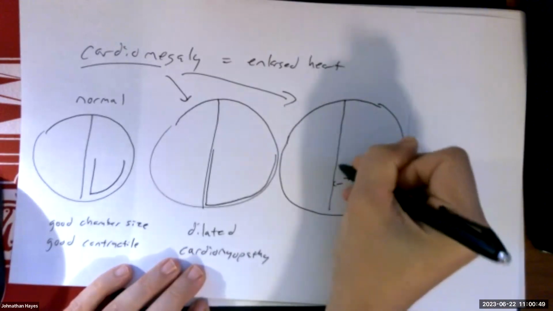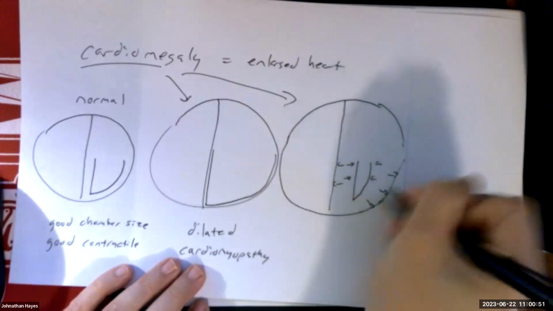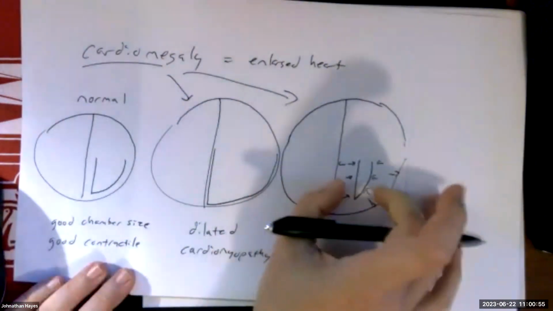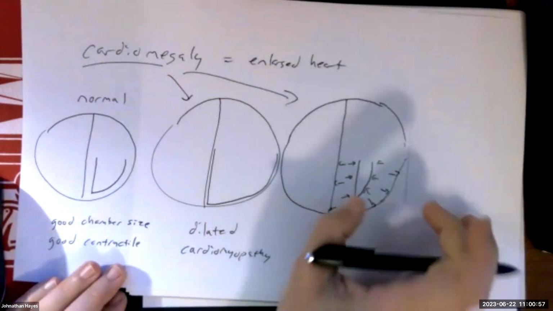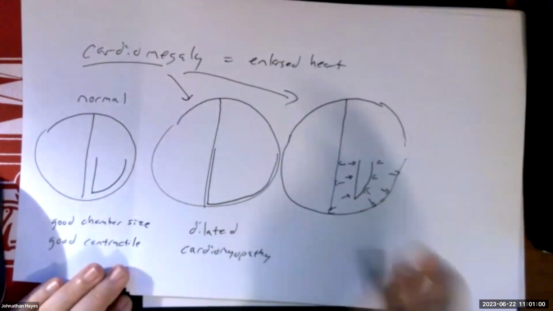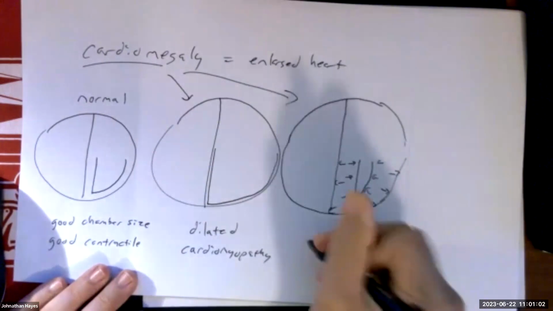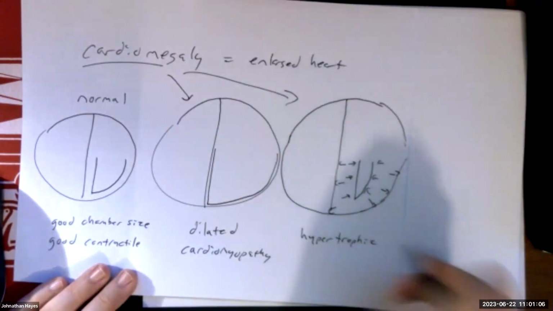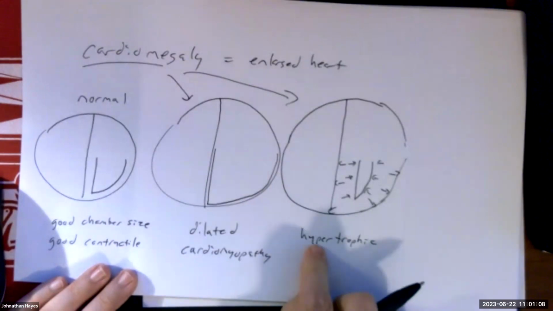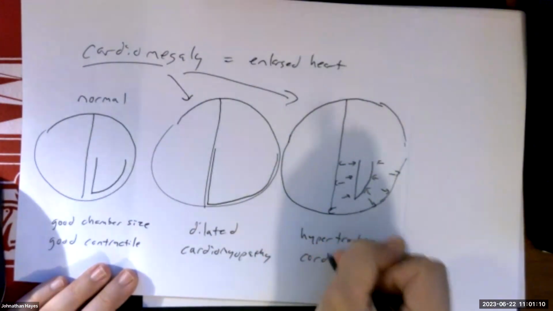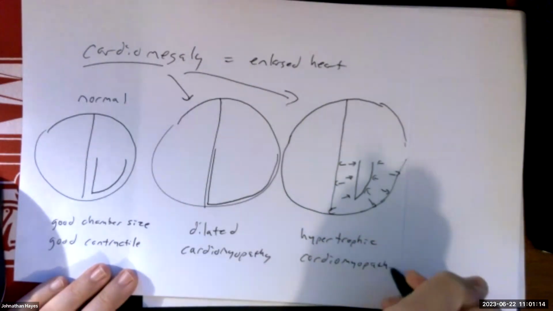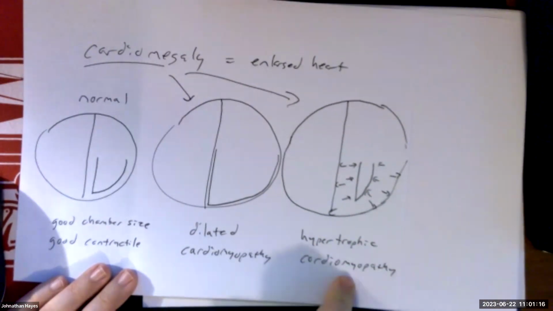Not only is it thickening outward, it's thickening inward, right? So the heart's enlarged, but this wall itself has become too thick, too overly muscular, right? So this is called hypertrophic. It has grown too big. Heart muscle disease, cardiomyopathy. Disease, heart muscle, grown too big.